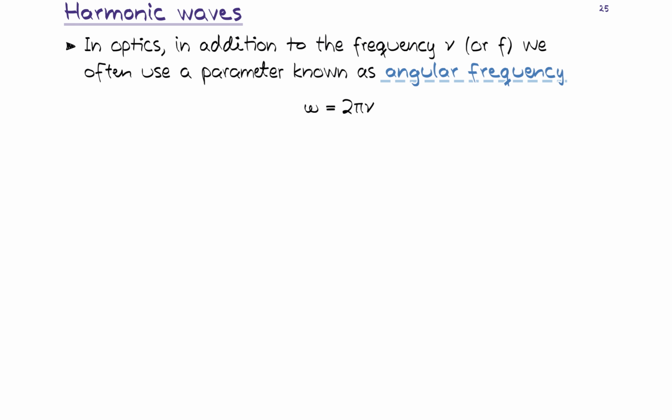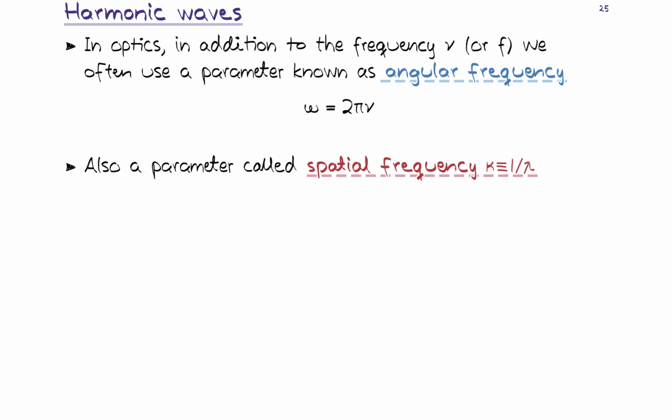So this is the angular frequency. Please remember the definition, and this is most of the time the frequency that we use in our courses. There's also a way to define things further: we could define a similar quantity, the spatial frequency kappa, which is defined as the inverse of the wavelength.